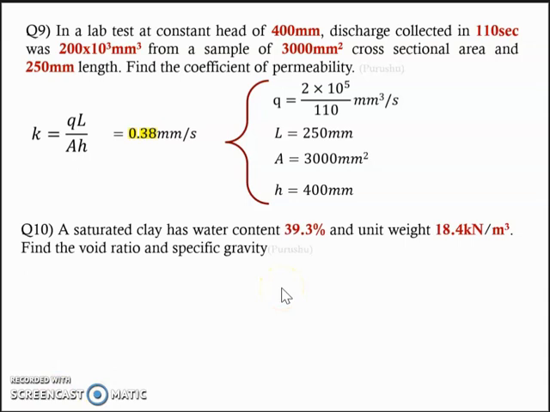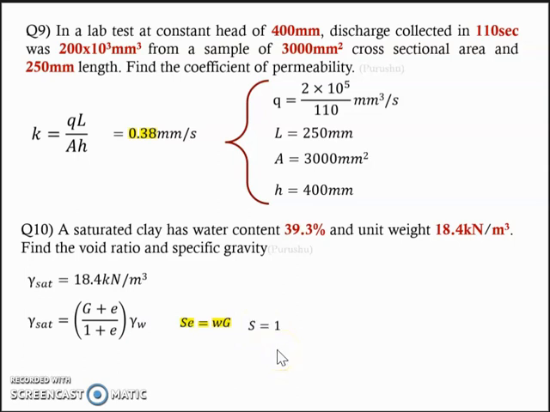The soil is saturated, which means gamma sat is already given, 18.4 kilonewton per meter cube, and we know the expression for saturated unit weight, (G plus e) by (1 plus e) into gamma w, because S turns out to be 1. And since e is also unknown, you can make use of the expression Se equal to wG, where S equals 1 here. So I can replace e by wG.